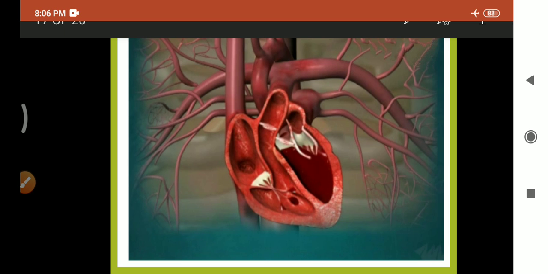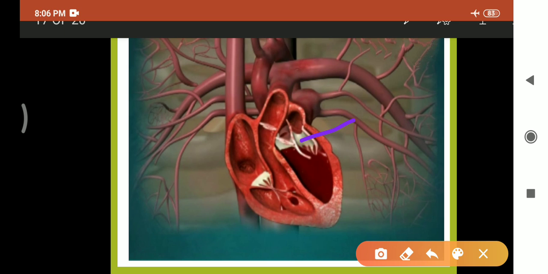When it expands and contracts, there is the bicuspid valve, here, which prevents the backflow from the atrium to the ventricle. The bicuspid valve is open when the atrium expands, so blood comes into the left ventricle.